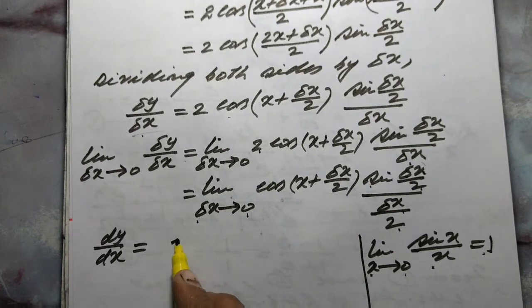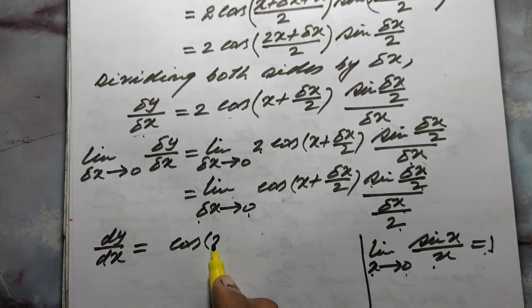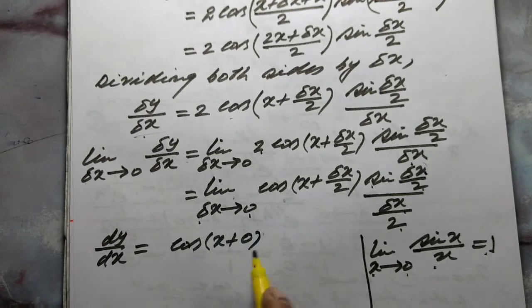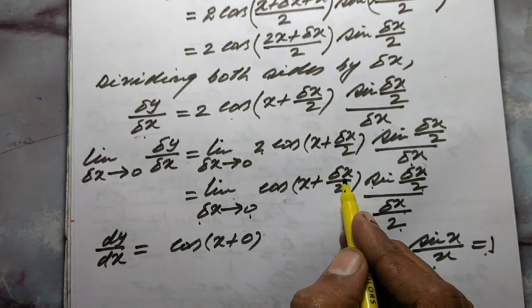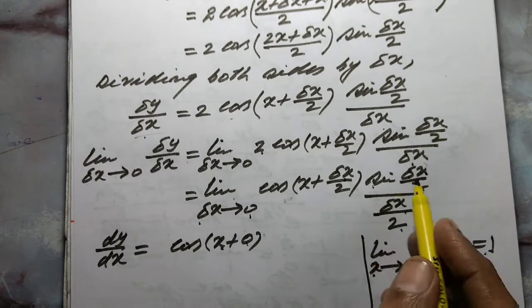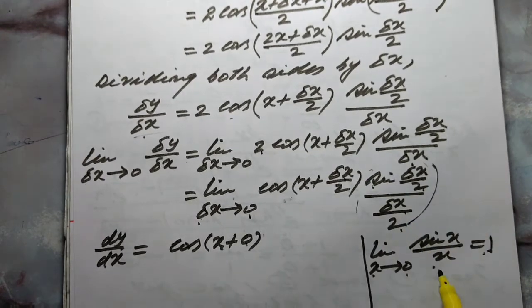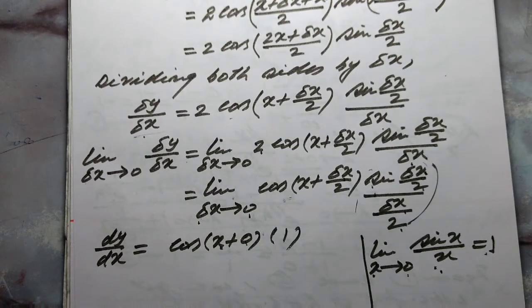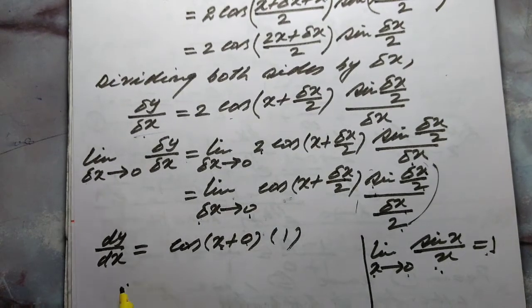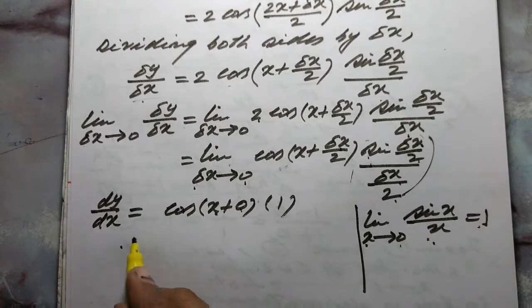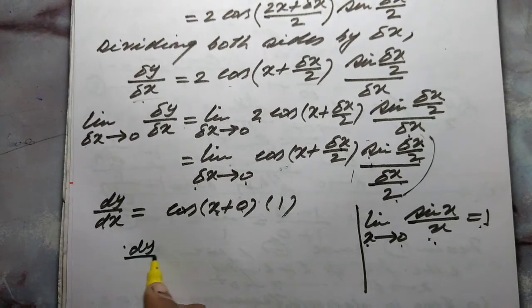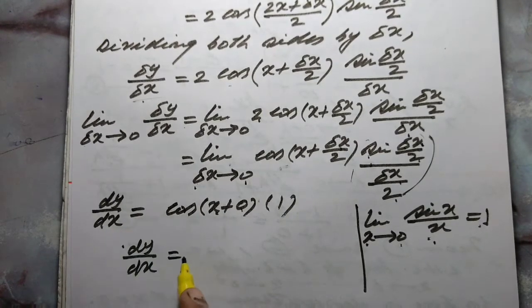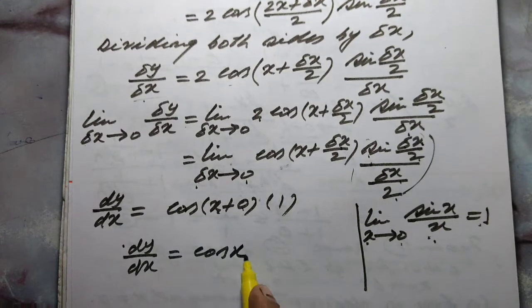So applying the limit, we have here cos x plus 0, because if we substitute delta x is equal to 0 in this bracket, we have x plus 0, and applying the standard limit on this expression, we have 1. So ultimately we have dy upon dx is equal to cos x.